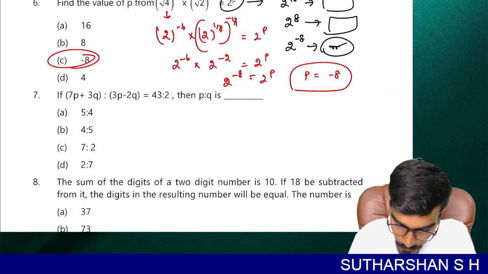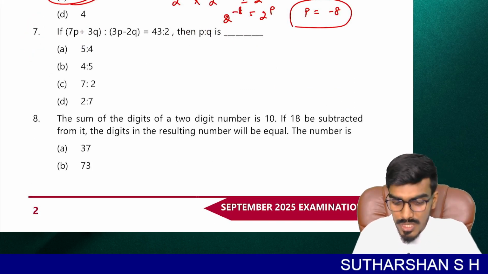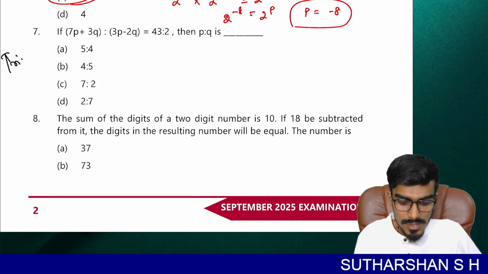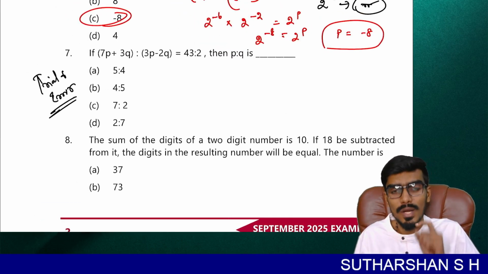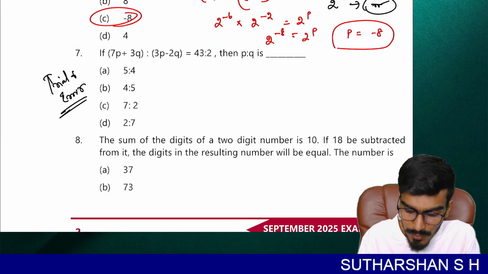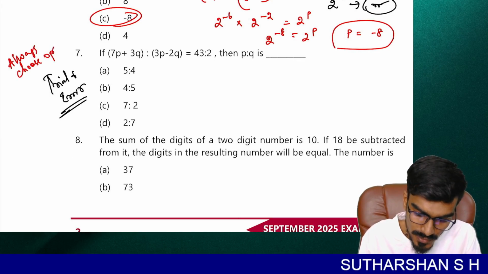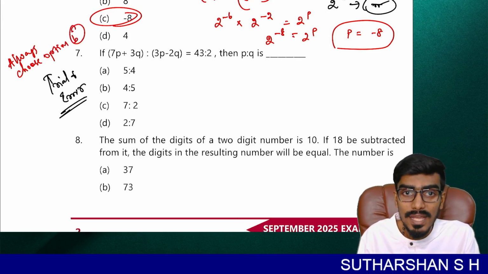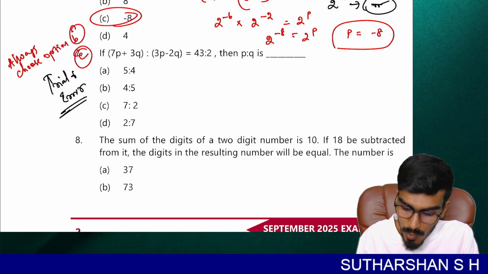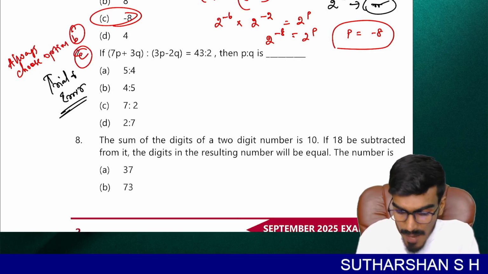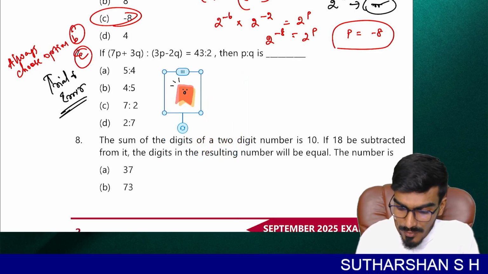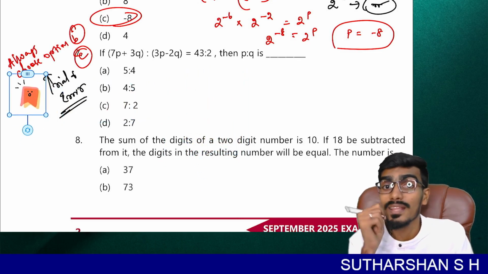Now come to question number 7. For question number 7, we are approaching with the trial and error method. For this method, I want to give you one more tip. Always choose option B or option C. Why, sir? Because the examiner doesn't know even if you find some shortcut to complete the question.